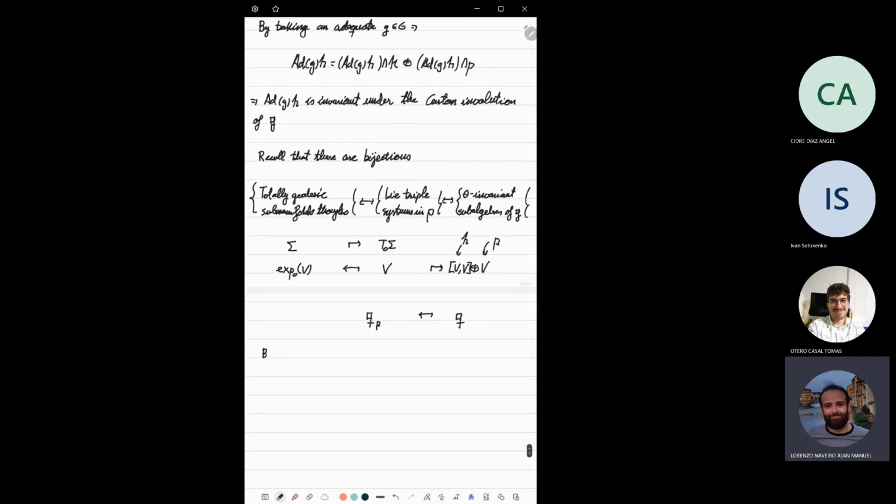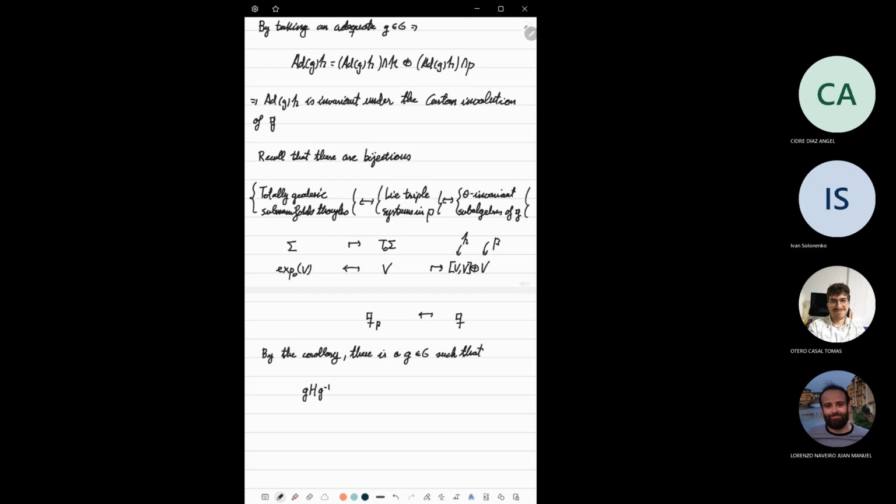So by the corollary, there is an element g of G such that g inverse times the subgroup corresponding to Ad g of h, then its corresponding orbit through the origin is totally geodesic.